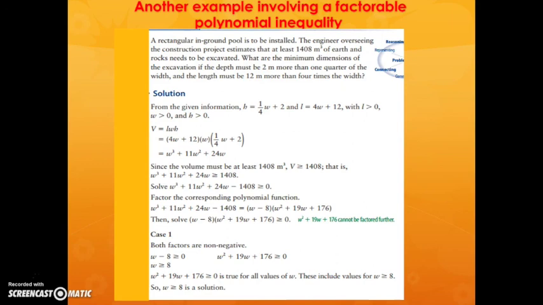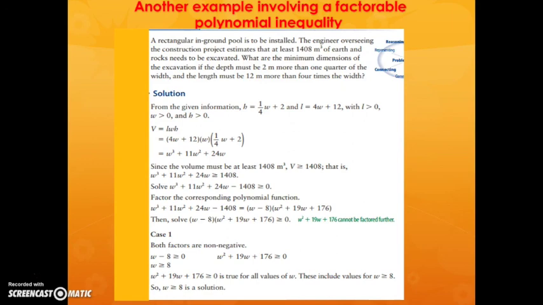Since the volume must be at least 1408 meters cubed, V is greater than or equal to 1408. That is W cubed plus 11W squared plus 24W minus 1408 greater than or equal to 0.